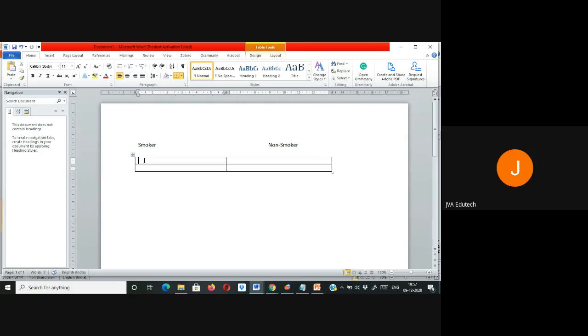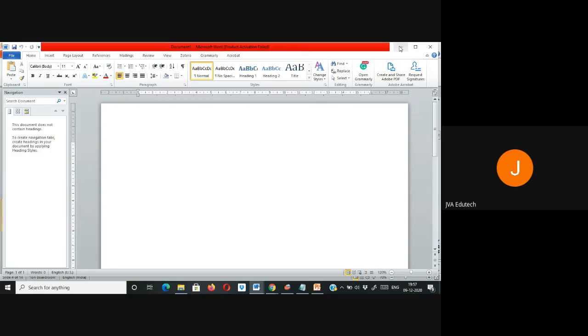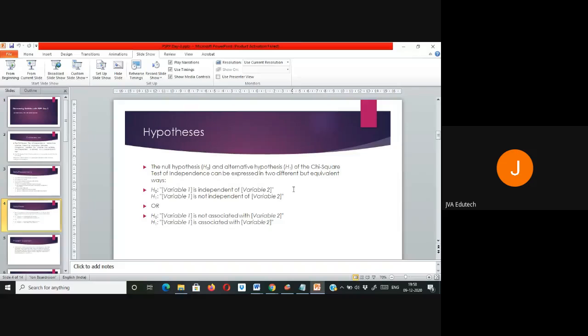Sorry, on this side, let's say you have cancerous, and this side non-cancerous. So each of the cells should be filled with at least one frequency minimum, and most of the cells should have at least 80% or 5 frequencies. So this is the data requirement for chi-square test. So you should have such a relatively large sample size.